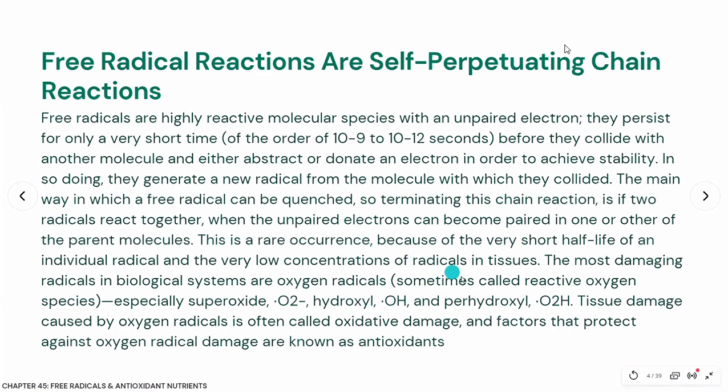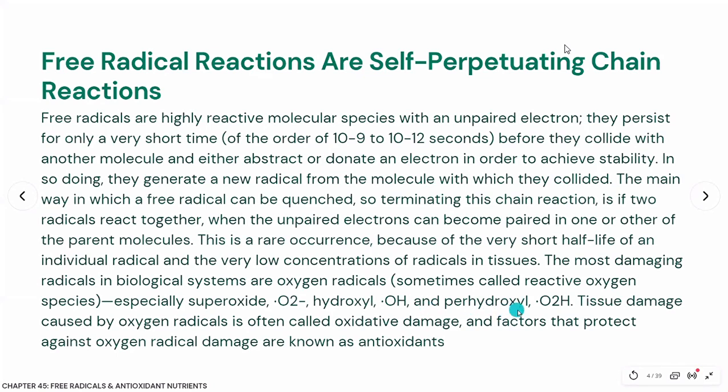All right. The most damaging species is your superoxide. You see this dot here? That is a sign of a free radical. This is an oxygen, O2 with a dot, as a superoxide. A hydroxyl, there's the dot, and then an OH.